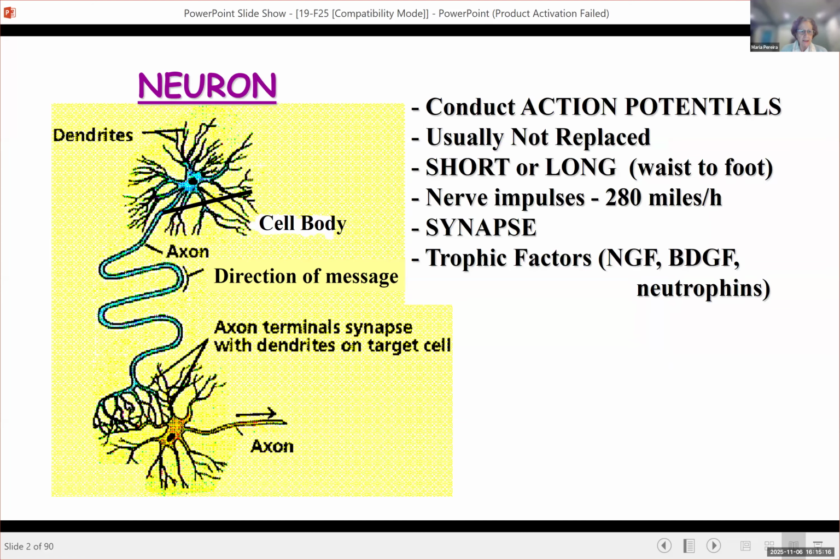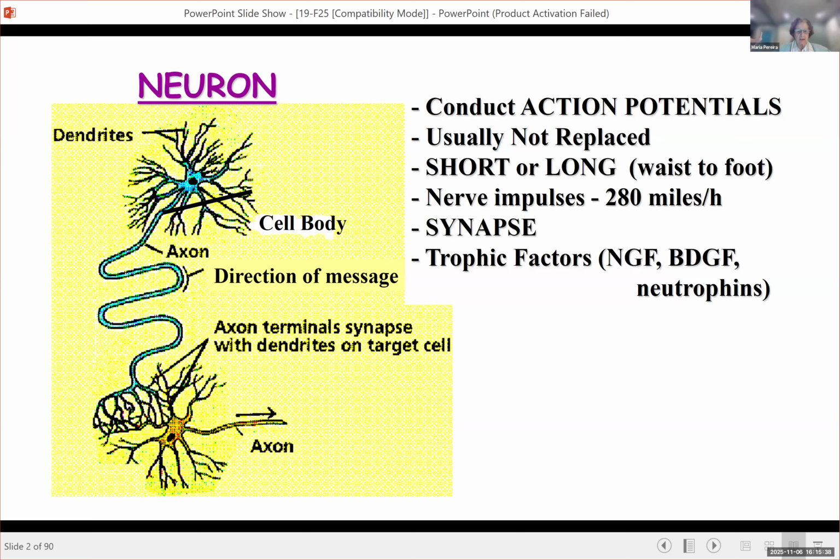So you see the cell body up here with the nucleus. They have one nucleus. And you see that it's highly branched. These are what we call the dendrites. They are branched like a tree because they are there to make connections with other neurons.